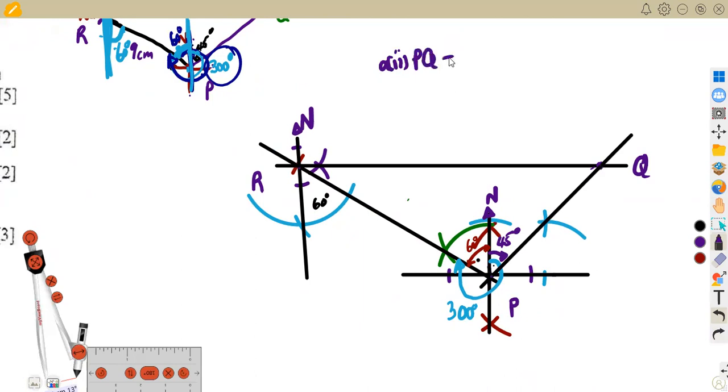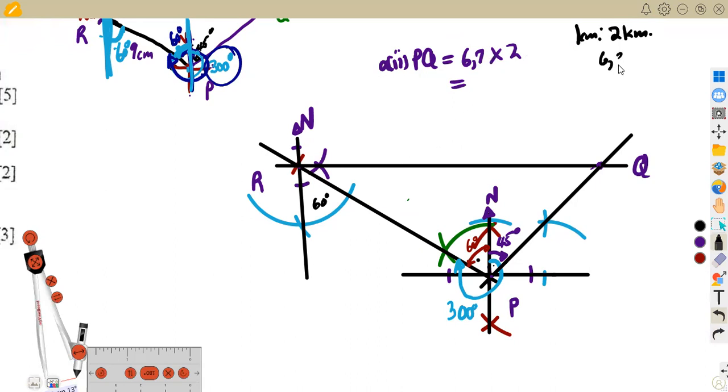So here depends with the value that you're going to obtain. So here I obtained something like 6.7 centimeters, but this is in centimeters. They want the actual distance. So you're supposed to multiply by 2 to get your answer in kilometers, since you are given that 1 centimeter represents 2 kilometers. So like I said, depends.